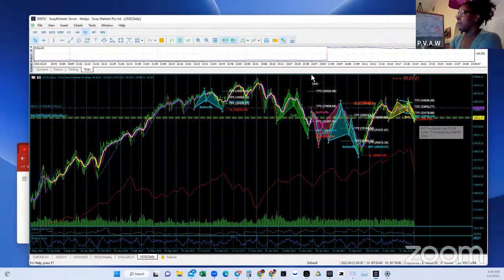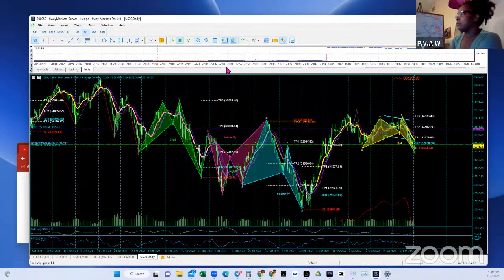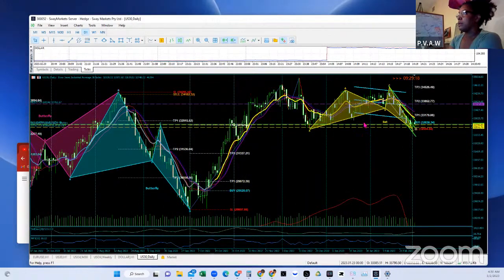So now we have a buy area on the D1 chart because it made a bullish bat. It made a bullish, hey, this wasn't showing up here before. I was telling everybody bullish butterfly, but it's a bullish bat. Maybe on another chart, because everything shows up on different charts. So it was a bullish bat here on SWAY.